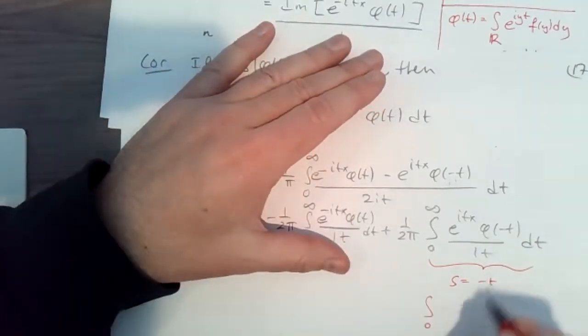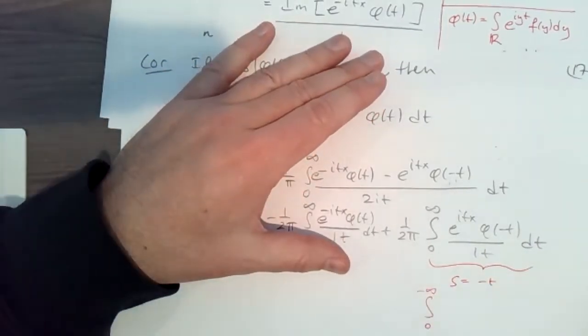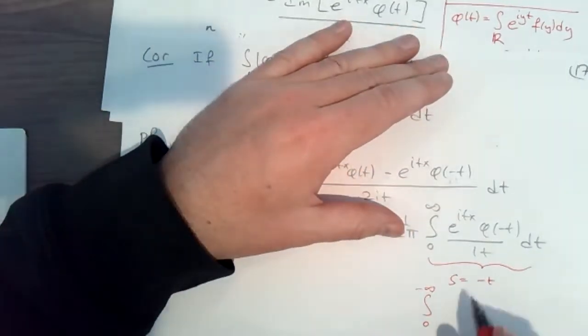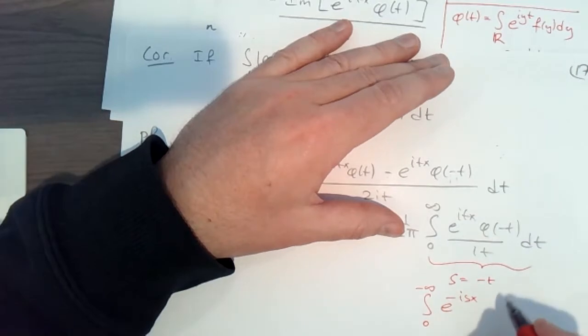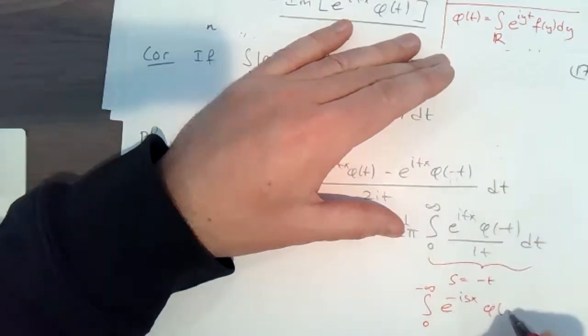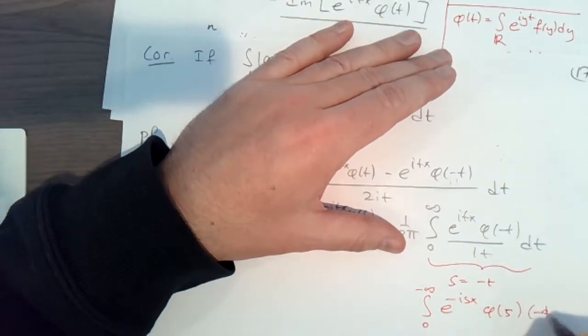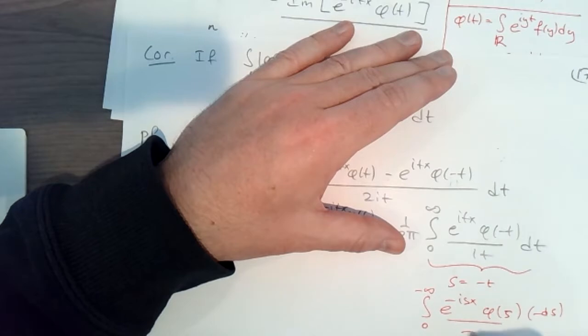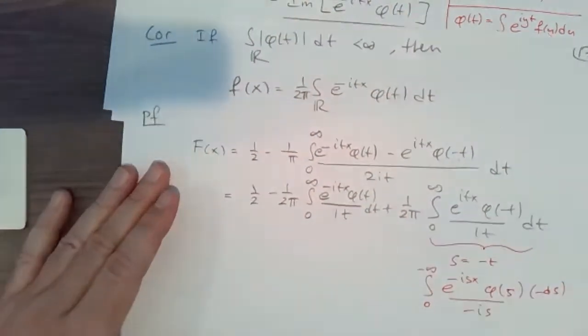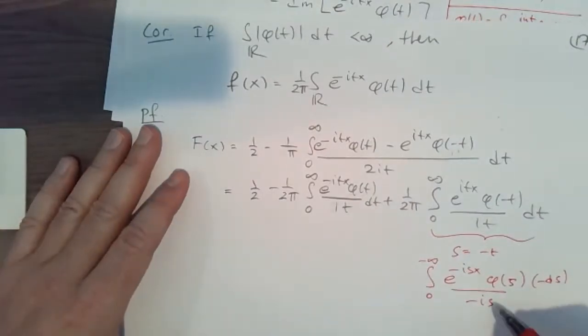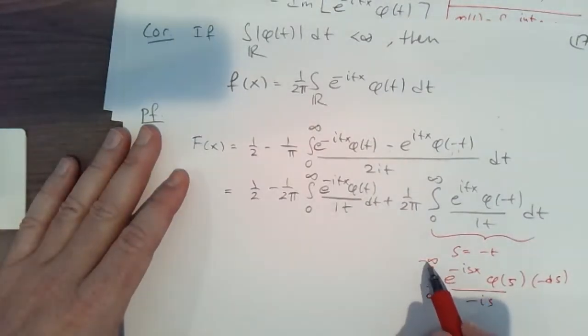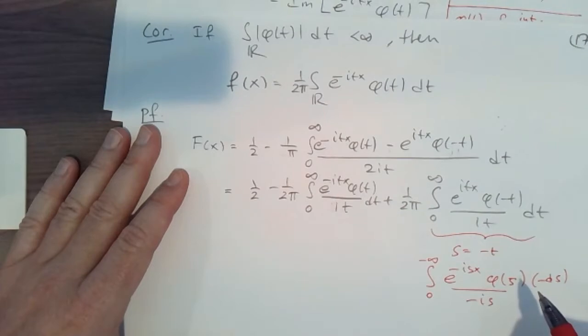Then this would become 0 to minus infinity, e to the minus isx, phi of minus t will become phi of s, ds, this would be minus ds divided by minus is. So lots of sign changes here. These two will cancel out. There's a minus up here. I'll swap the order, put the minus sign out in front.